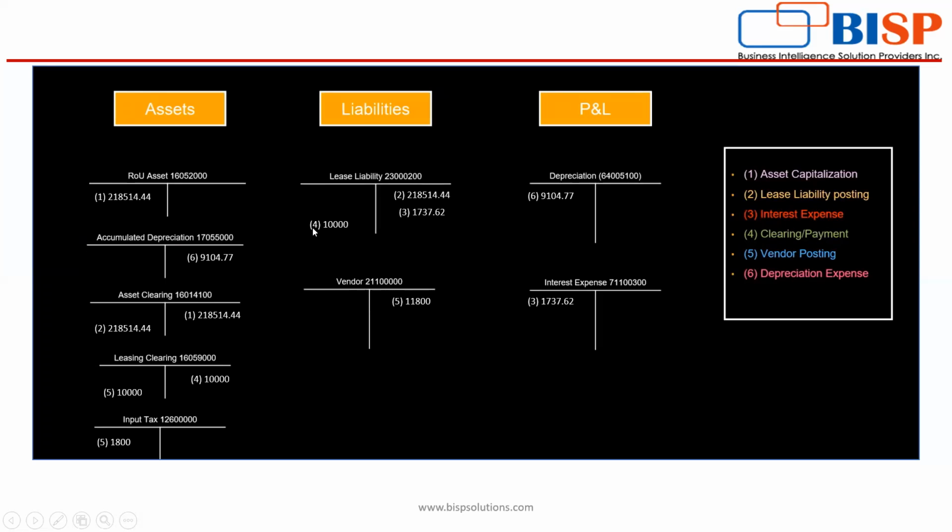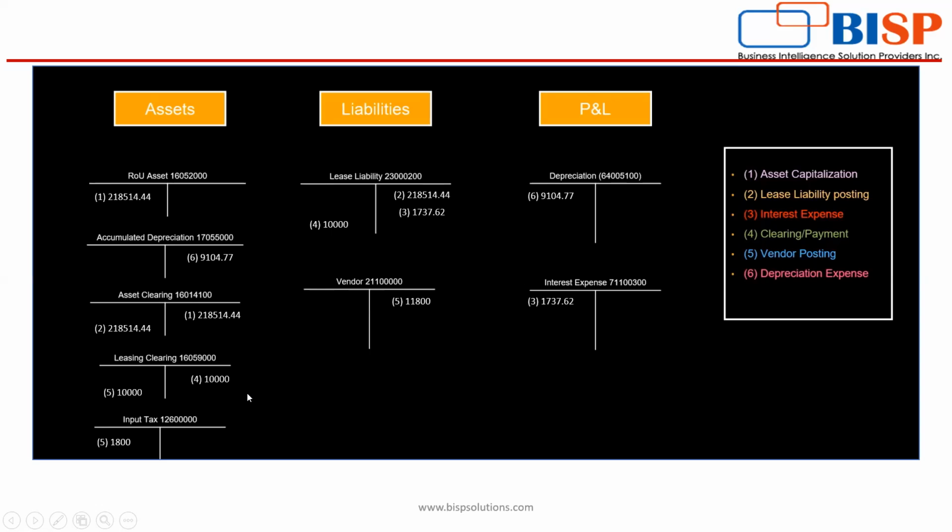Whether monthly, yearly or quarterly, whatever lease liability payment we have decided to give to our vendor, our lease liability would be debited, as this is part of our liability account, and the credit entry would go to the lease clearing account.